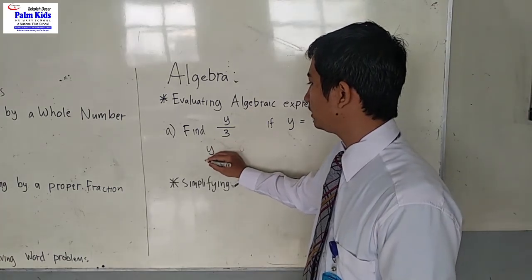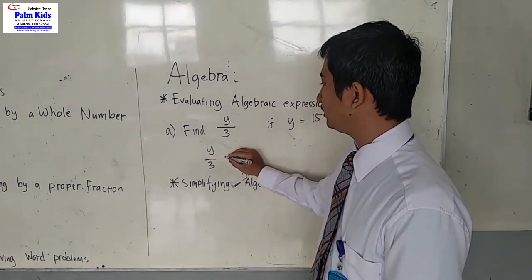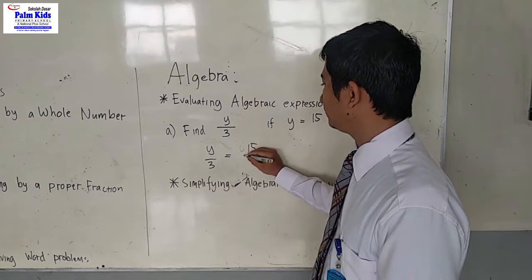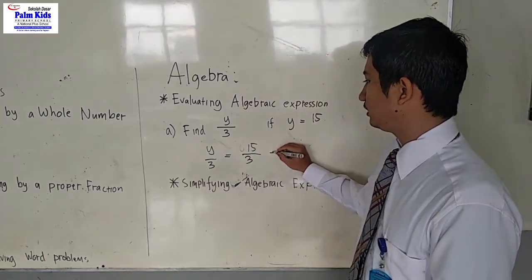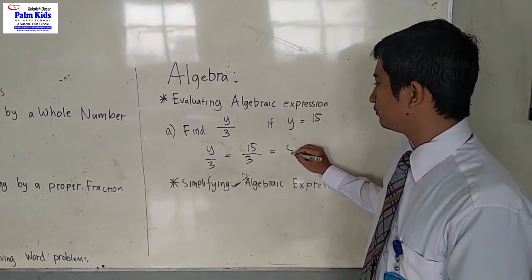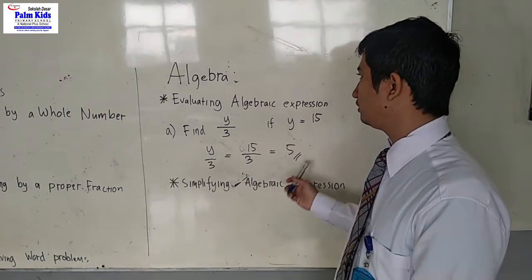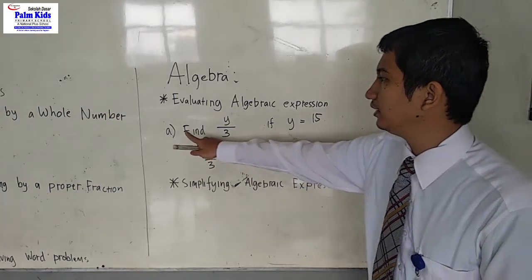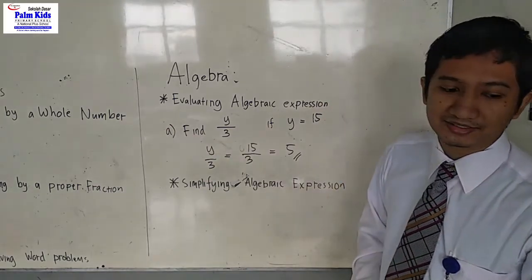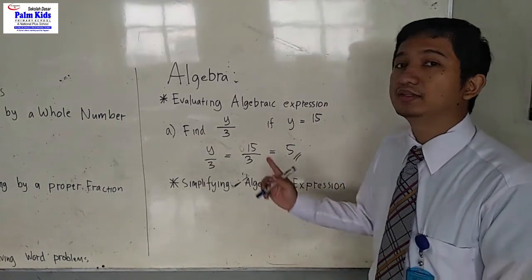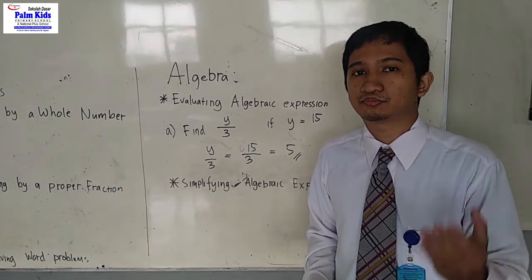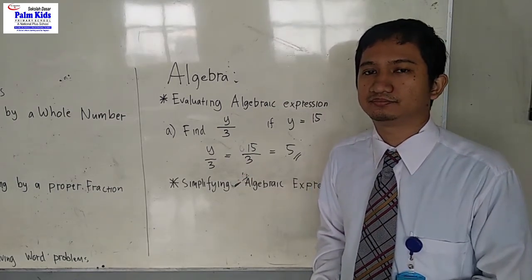So y/3 = 15/3 = 5. Okay, class? Very easy, right? So evaluating algebraic expression is just changing the letter and finding. This goes to the same example for subtraction and multiplication.